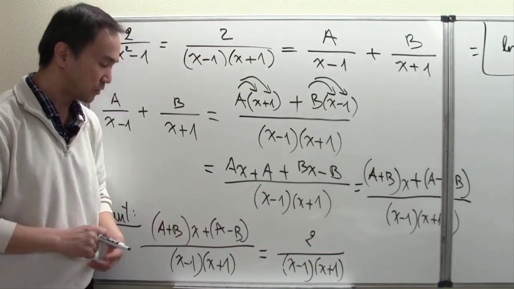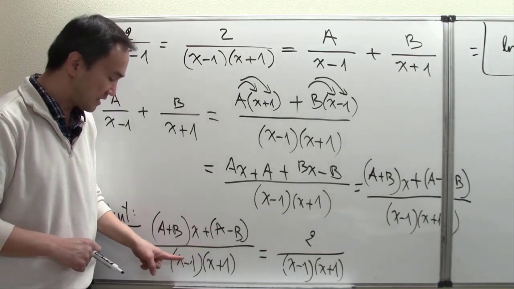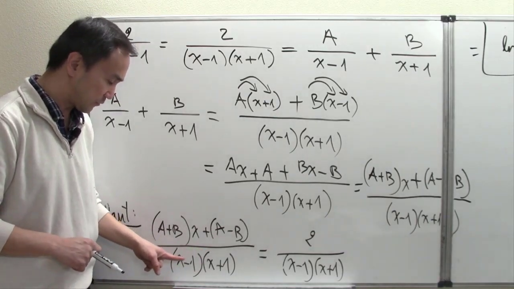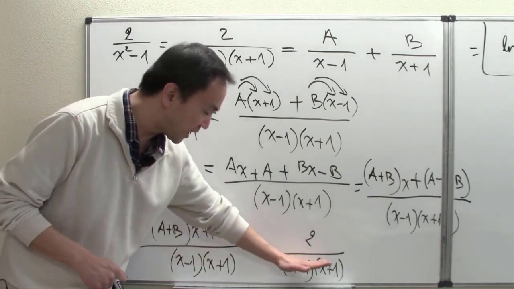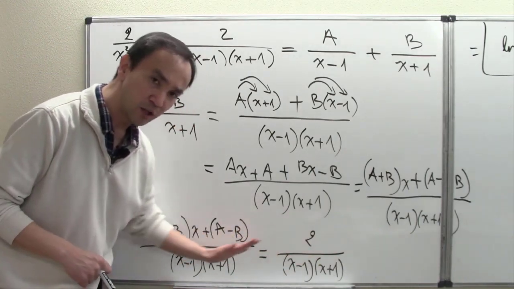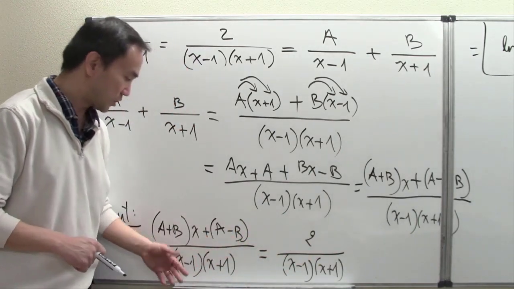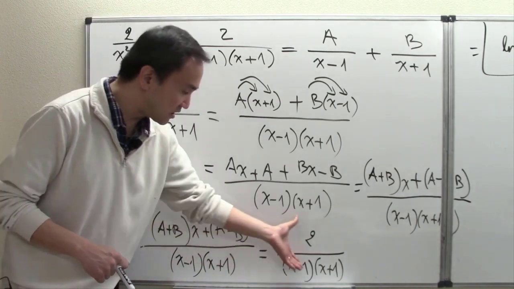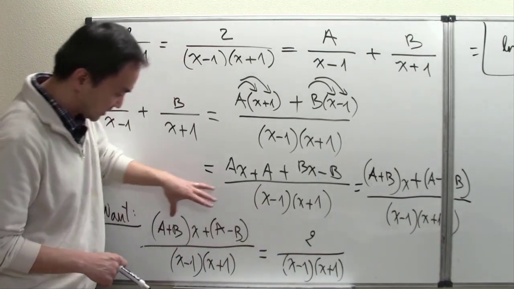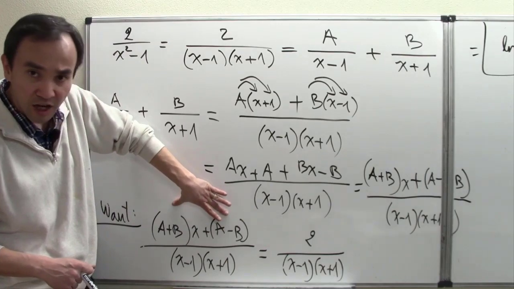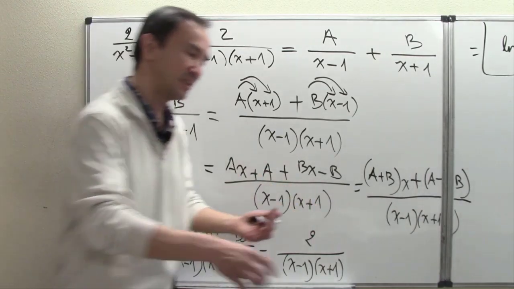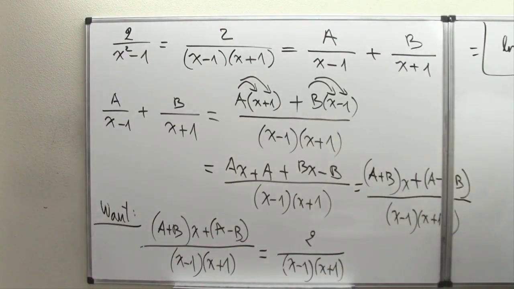Because the denominators were already the same, we're going to set the numerator on top here to equal 2. Okay? And so now I'm going to move over to the other board.